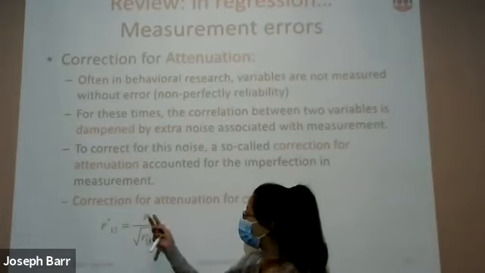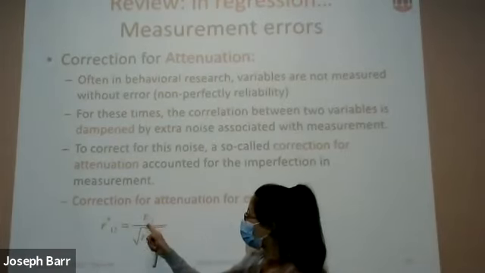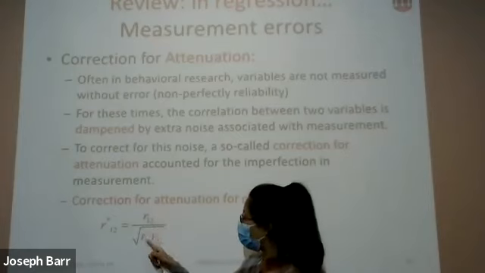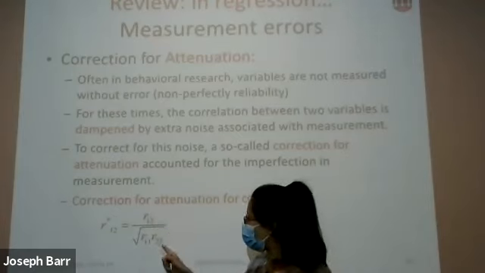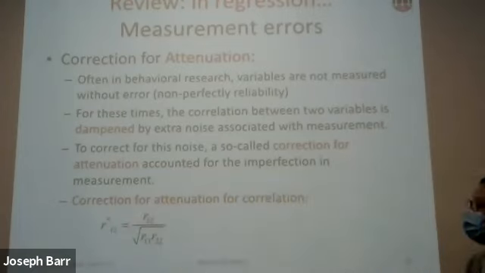By obtaining the covariance, the observed correlation between x1 and x2, and also the reliability of x1 and the reliability of x2, we can get the corrected version of the correlation.